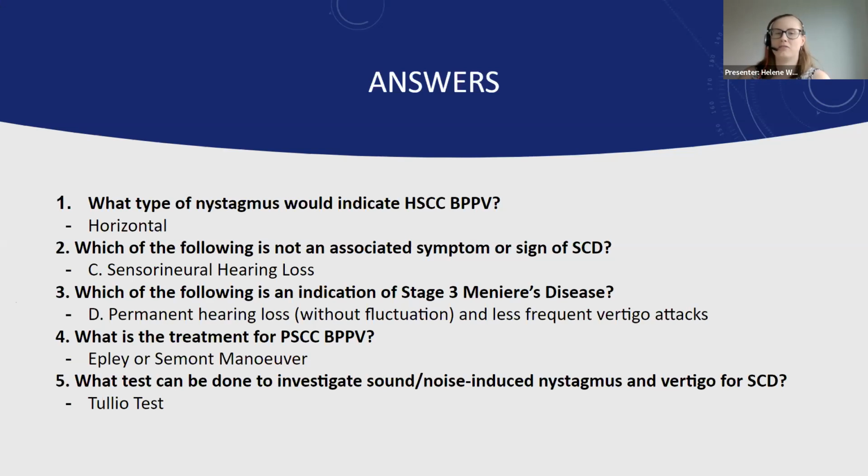Back on BPPV, if you think you've got a posterior case, you try an Epley or Semont maneuver and see if that relieves symptoms. And if you're investigating symptoms for SCD and you're noticing that they seem to be getting sound-induced nystagmus and vertigo, you would try the Tullio test and see what the results are.